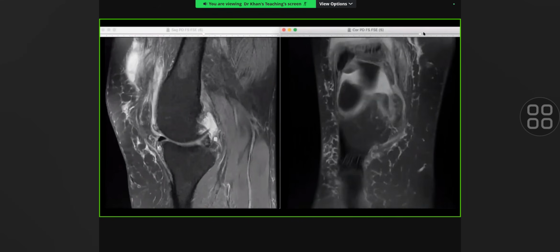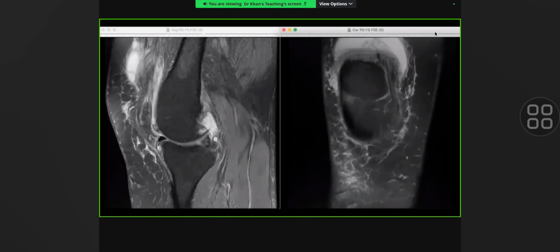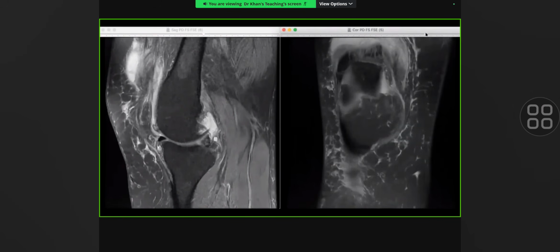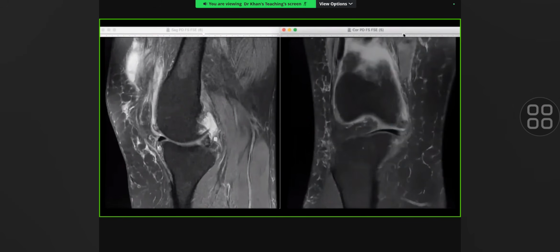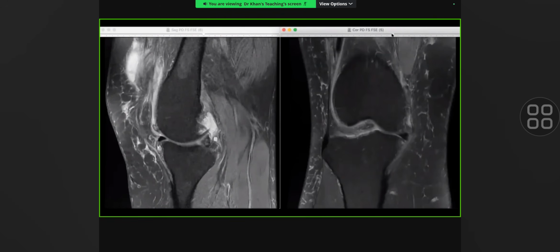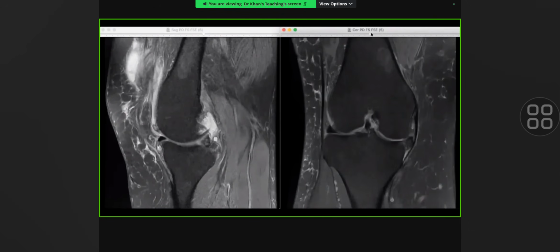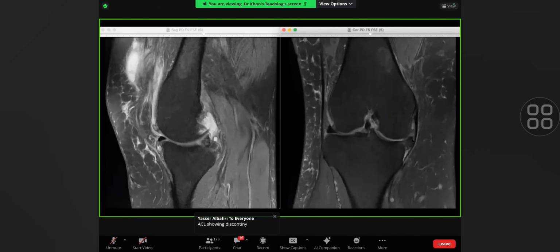I'll start anteriorly. There's some high signal in the medial tibial plateau with a fracture fragment.